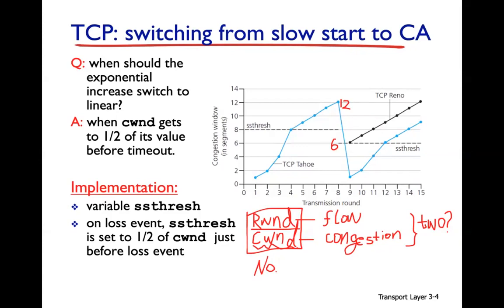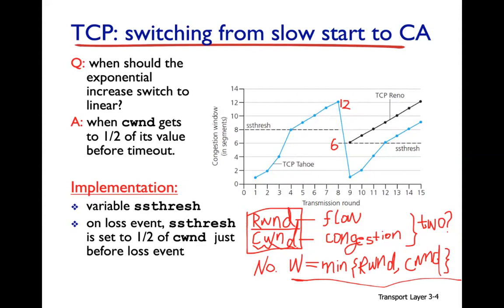Finally, you will have just 1 window size, which equals the minimum of the receiver window and the congestion window. Whichever is smaller, I will use it to send out my packets. This is your final window size.